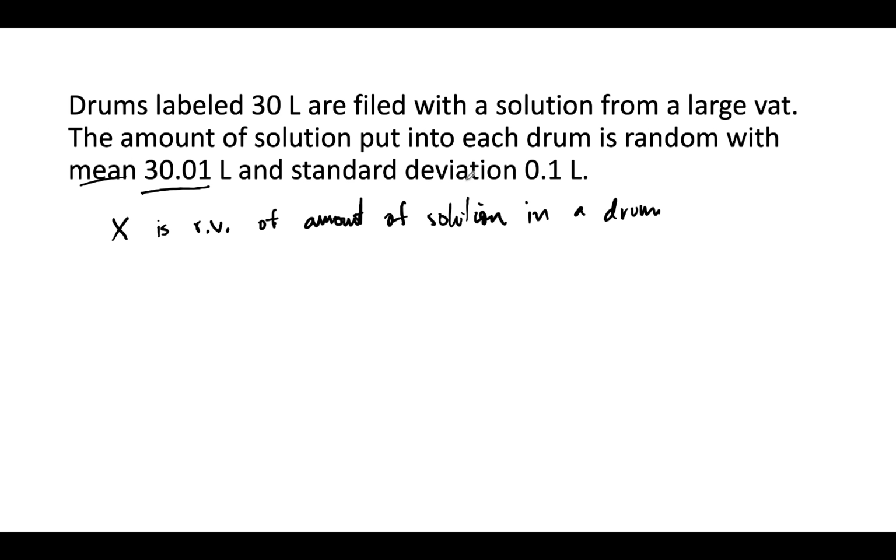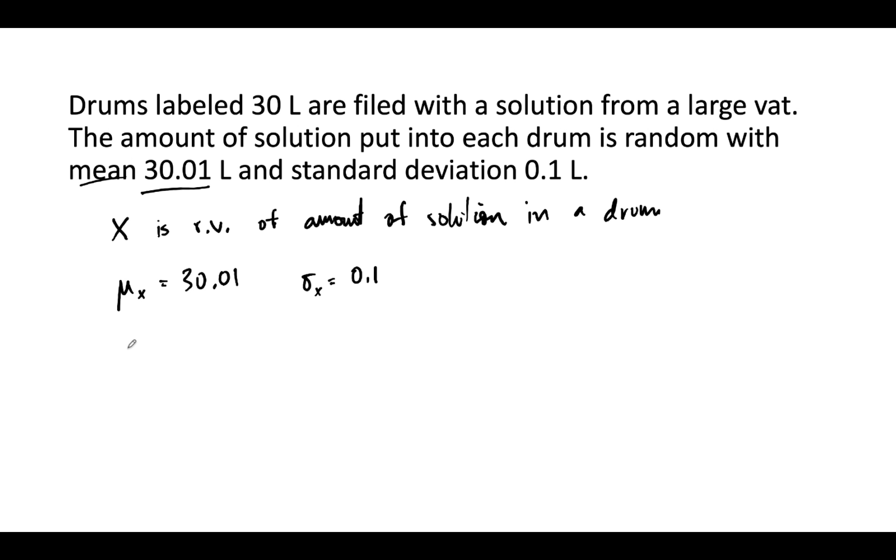They've given us the information we need to apply our knowledge of sample means, and that is that mu of x is 30.01, and the standard deviation is 0.1. Okay, so we have no question here, but we have a thing that we can model already. We have a lot of information.